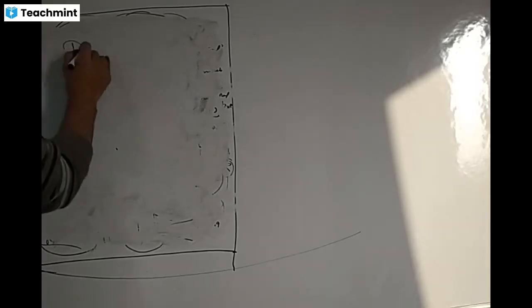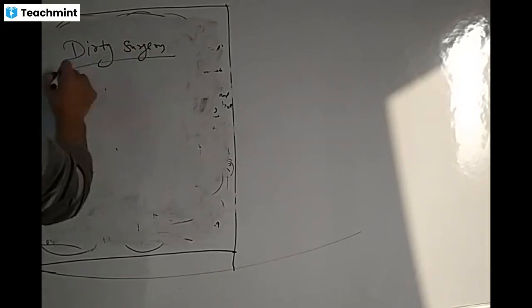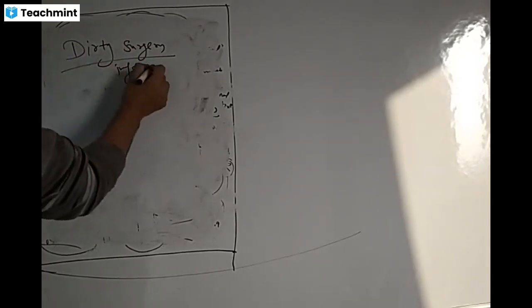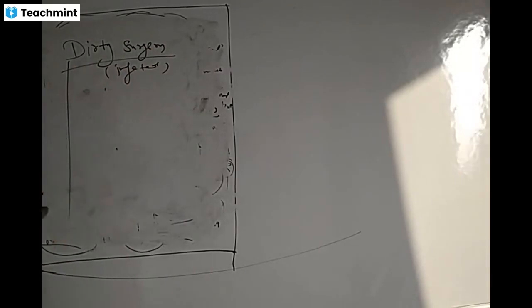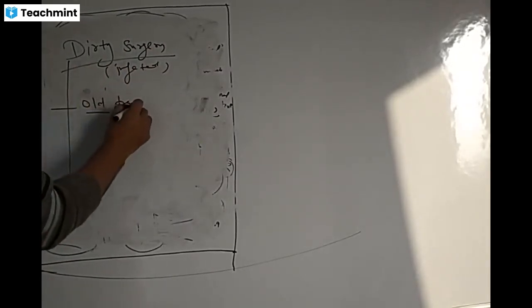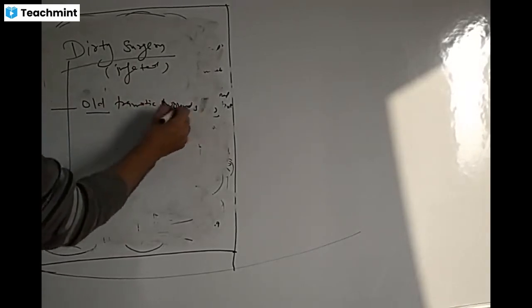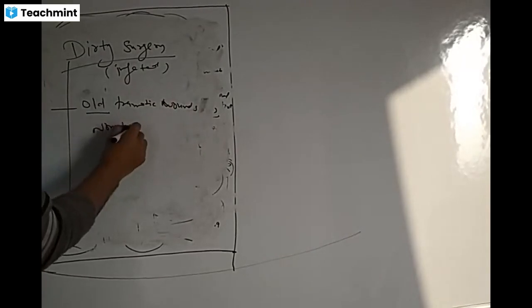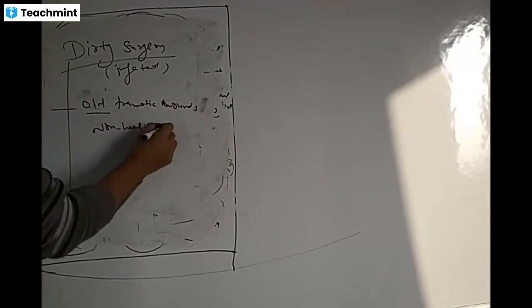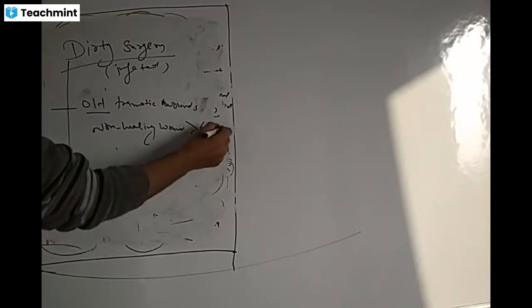The last is your dirty surgery. In some books, they call it infected surgery. In this case, you may find old traumatic wounds which are non-healing wounds, more than 6 to 8 hours old.